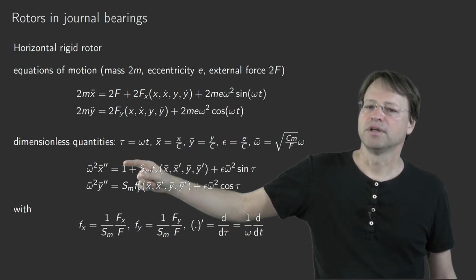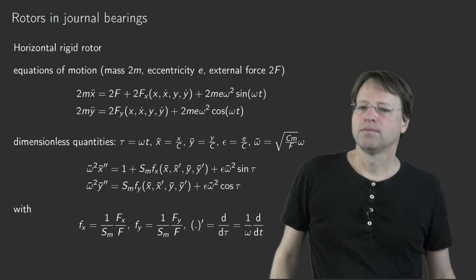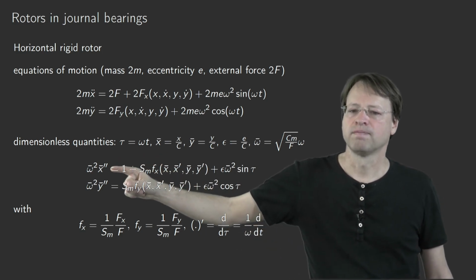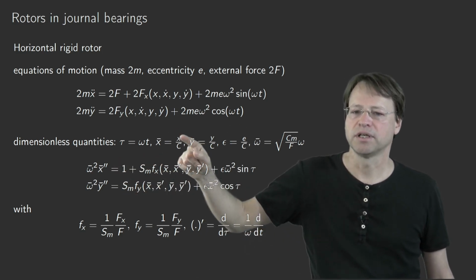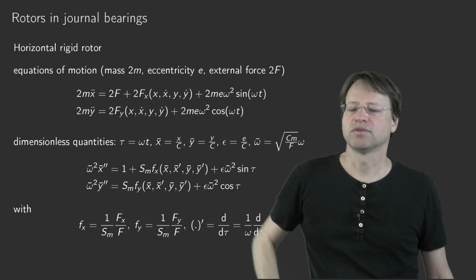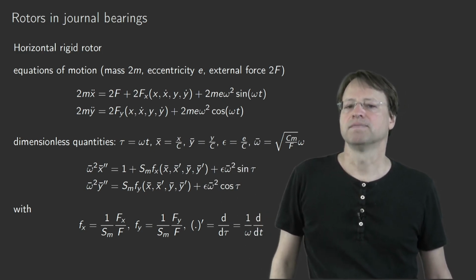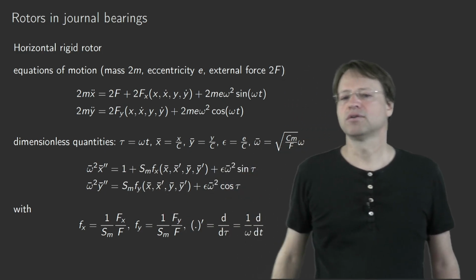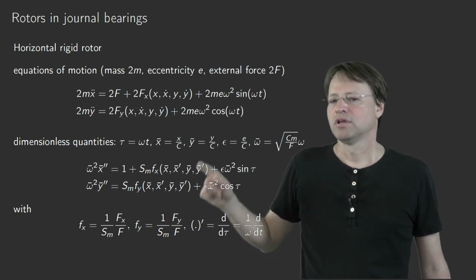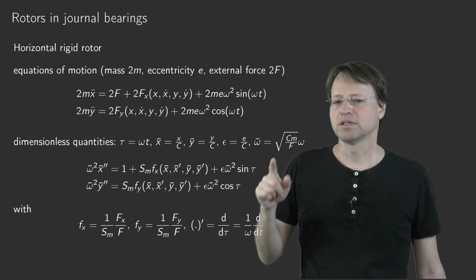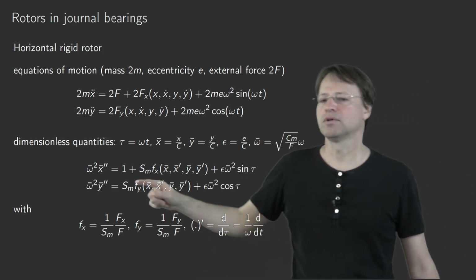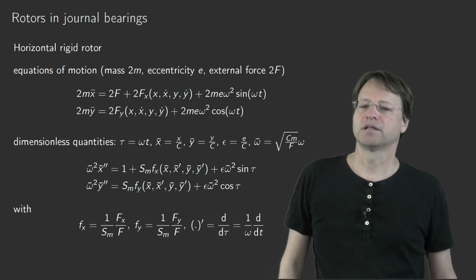So we would have omega squared, we would have an m here, we divide it by f, and when we switch to dimensionless x instead of dimensional x, we have to introduce instead of x, x bar times c. So in total, what we get here as a leading coefficient would be c times m divided by f times omega squared. And this is then abbreviated, as the quantity must be dimensionless, by omega bar, leading to an omega bar squared x double prime.